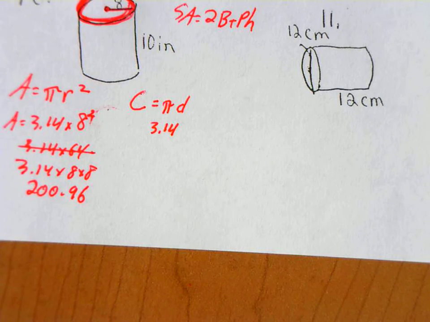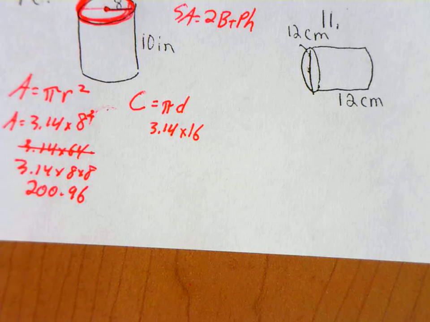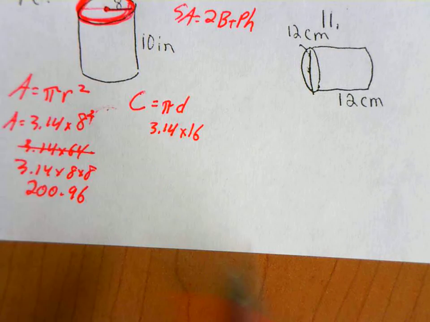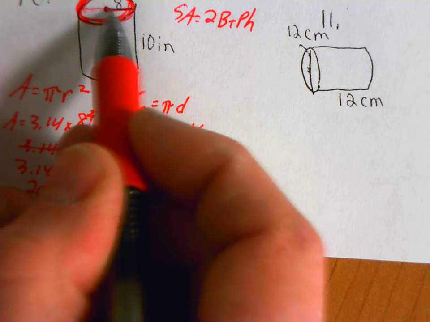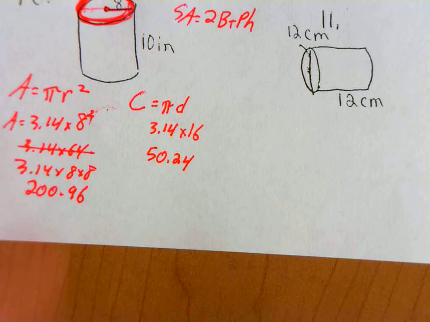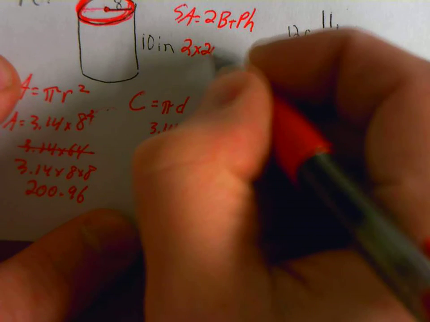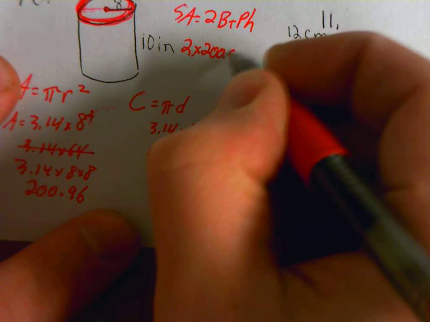Don't plug in an 8 for the diameter. What's the diameter going all the way across? It would be 16 going all the way across. 2 8s. So you get 50.24, and then plug everything in.